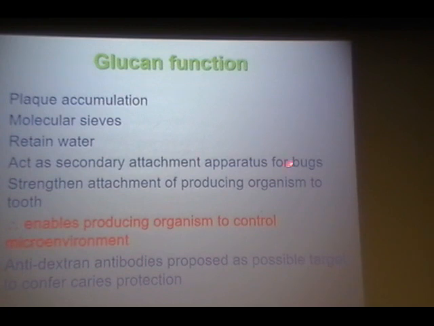They're a secondary attachment apparatus for bugs, and especially for bugs that don't bind well, primarily to the salivary pellicle. They strengthen the attachment of the producing organism to the tooth, and it enables producing organisms to control their microenvironment. And again, antibodies against the glucans have been shown to be protective.